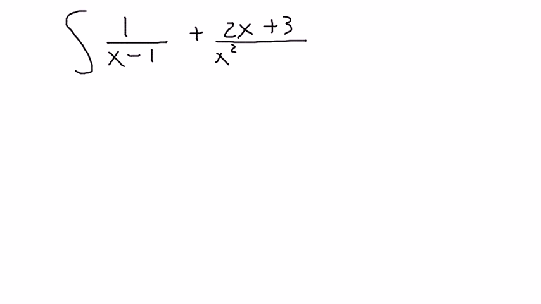Well, hello. This is a bit late, but at the end of class we stopped at the integral of, I believe it's 1 over x minus 1, and then plus 2x plus 3 divided by x squared plus x plus 1 dx.